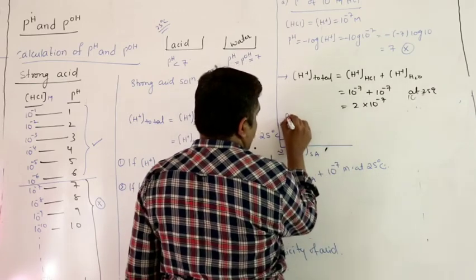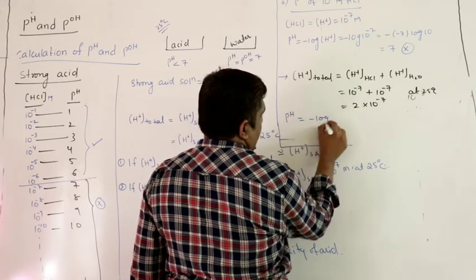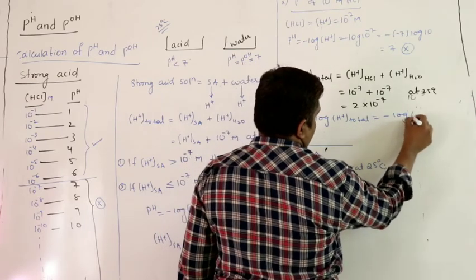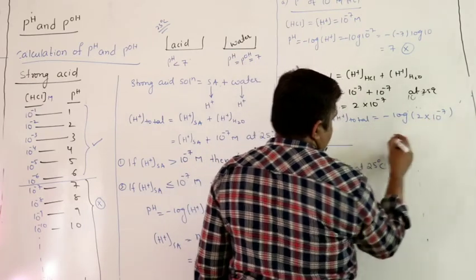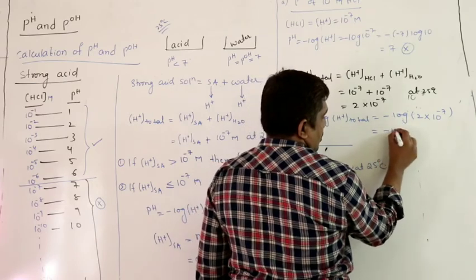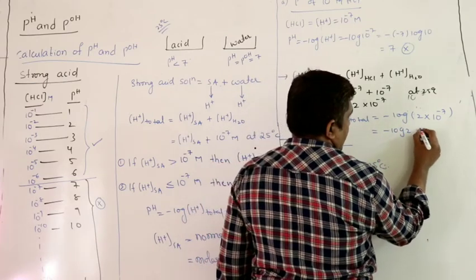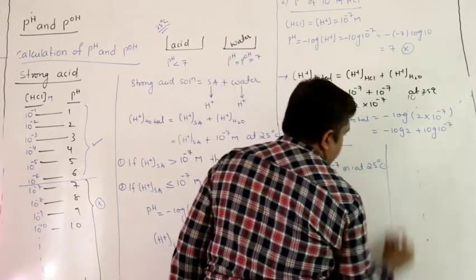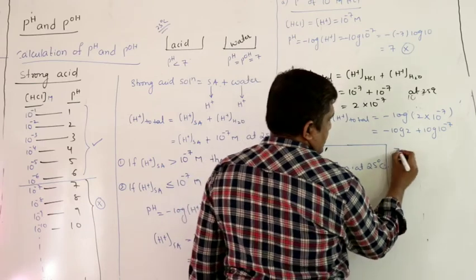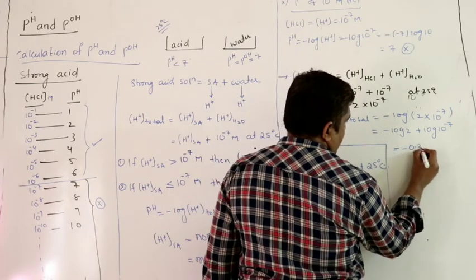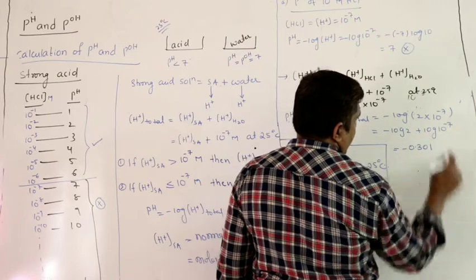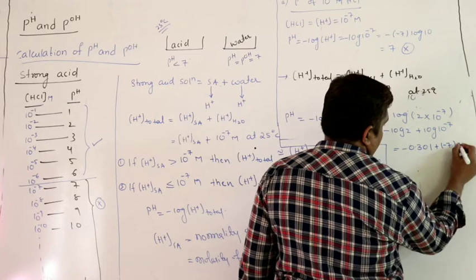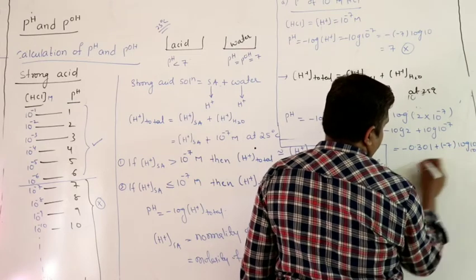So pH equals minus log H plus total, minus log 2 into 10 power minus 7 molar. So this is minus log 2 minus log 10 power minus 7. Log 2 is 0.301, and log 10 power minus 7 is minus 7 log 10 to the base 10.